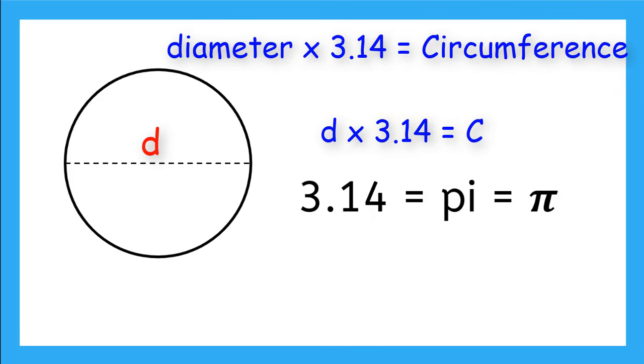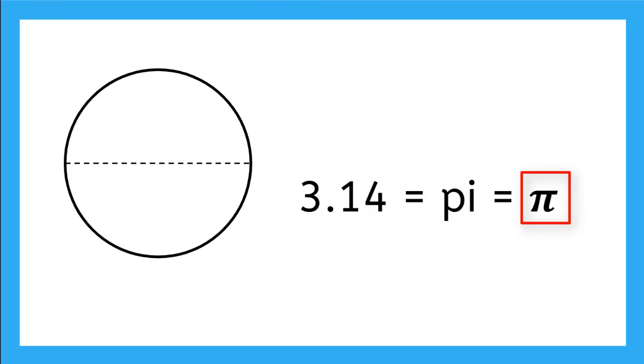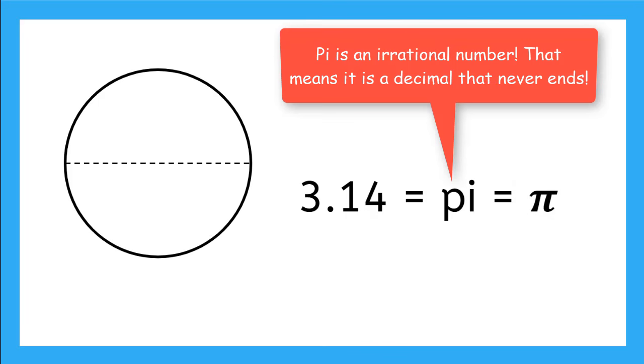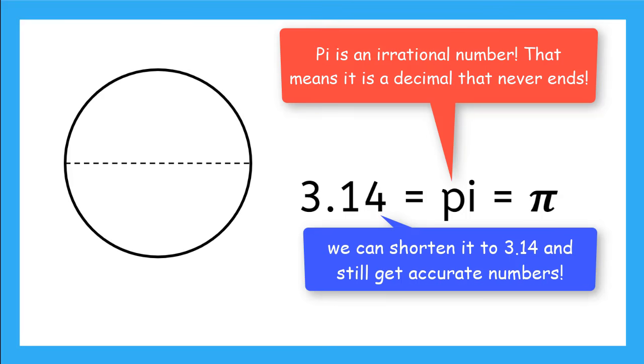We call it pi, and we use this symbol to represent it. Pi is actually an irrational number. That means it is a never-ending decimal. The numbers just keep going on forever. But we can shorten it to 3.14, and this gives us a very accurate calculation for circumference.